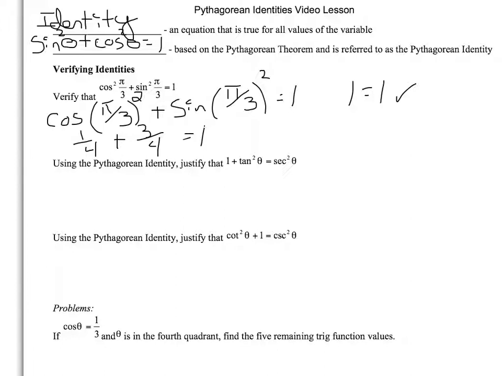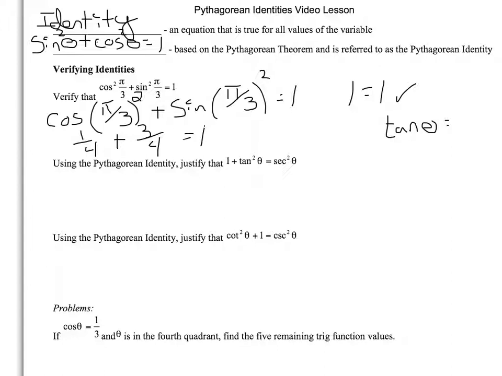A couple things I want to talk about before I do the next two. Just like we have that sine squared plus cos squared equals 1, I have two other things that are important to know for today's lesson. Off to the side, write this for me. Tan theta. You know tangent is equivalent to opposite over adjacent. You also know tangent is equivalent to 1 over cotangent.